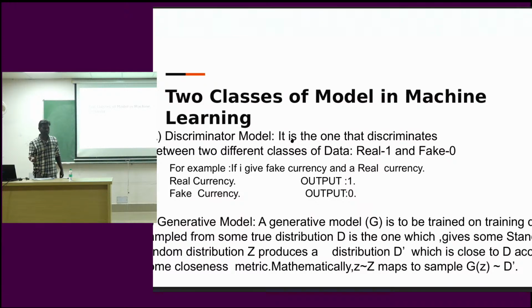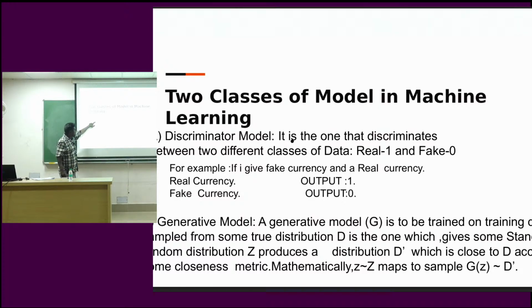The thief will be the loser, right? He would like to do abnormal activities, and he wants the discriminator to take those as real activities. If that doesn't happen, then this generative model gets a loss.